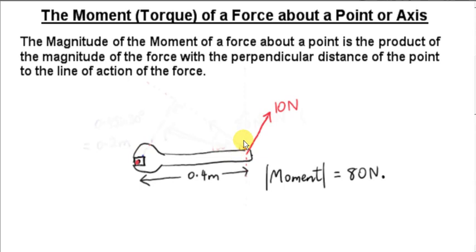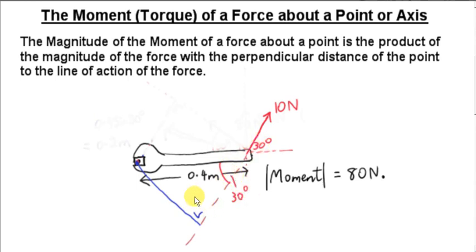Here is another situation that we could consider. So the line of action of the force looks like this, and we want the perpendicular distance of this point to the line of action. So let's suppose that this angle here is 30 degrees. Well, that means that this angle is 30 degrees. These are opposite angles.